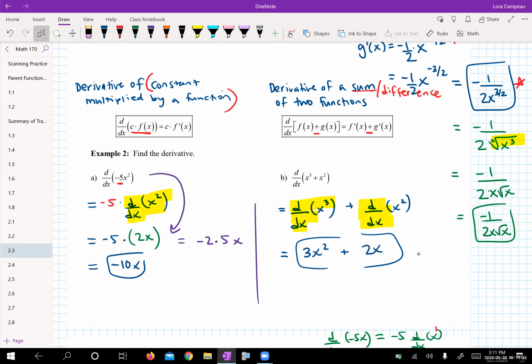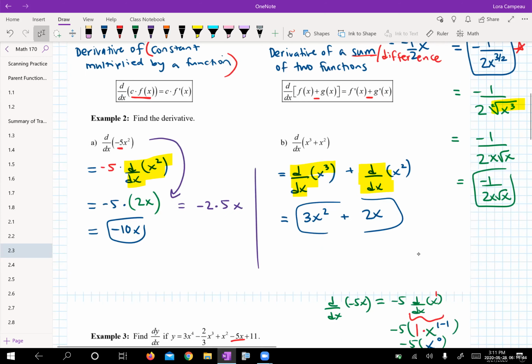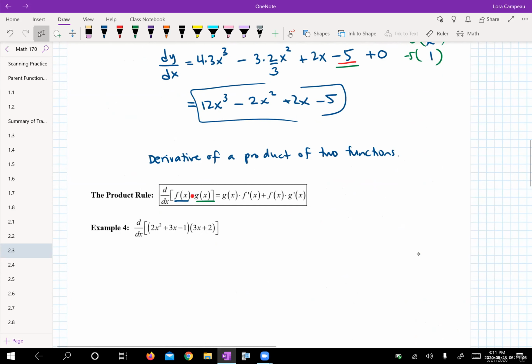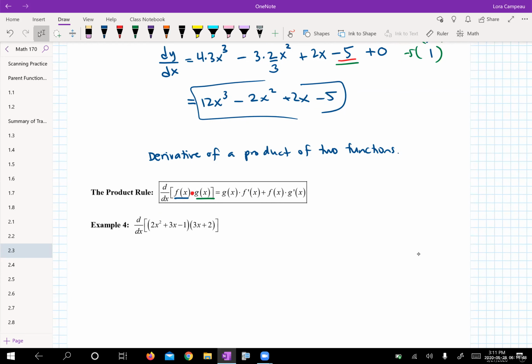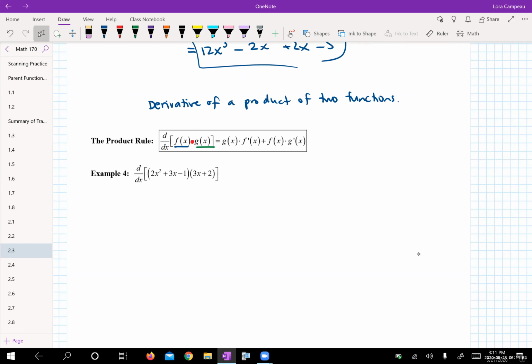So be careful. We know items are functions. Generally, you have a variable in them as opposed to just constant. So kind of keep your eye out for that.